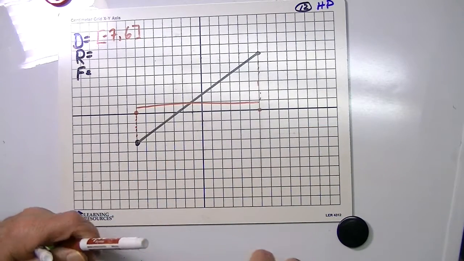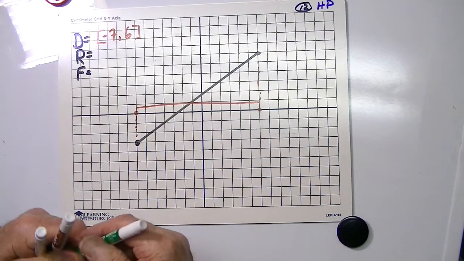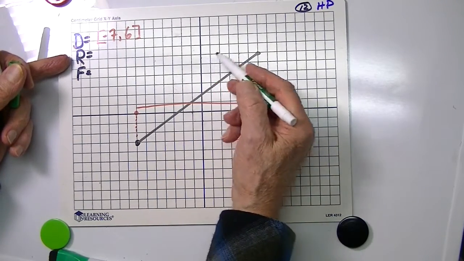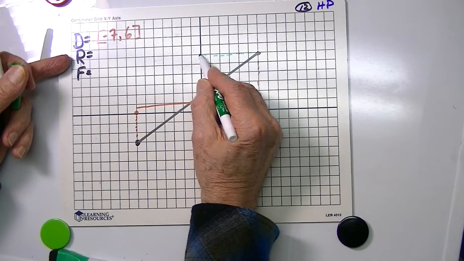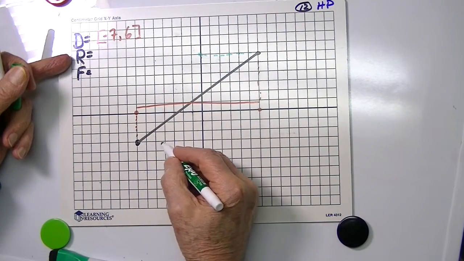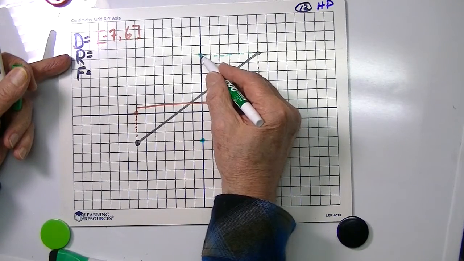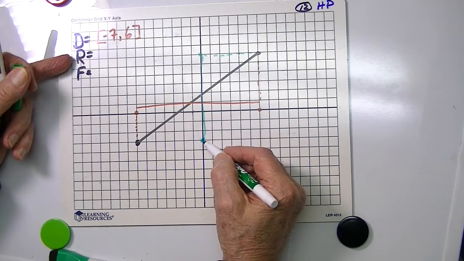Now when we go to do the range, we're looking for our y values. So we would take this and project it over to the y-axis, and this one projected over to the y-axis. So these would be our y values.